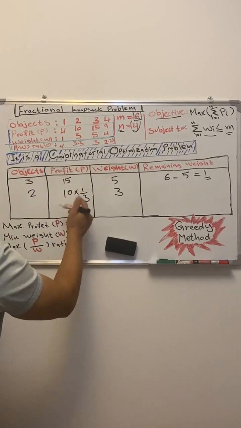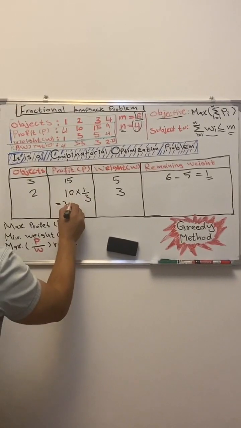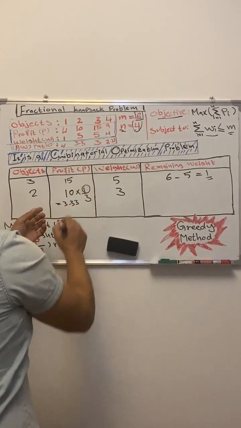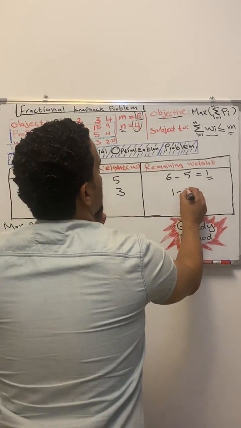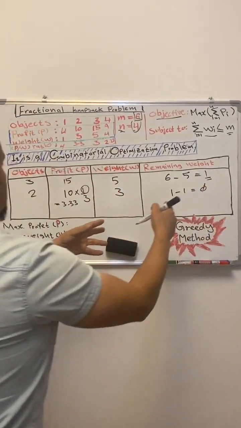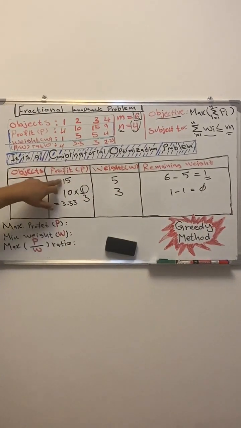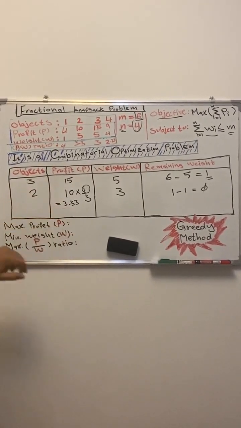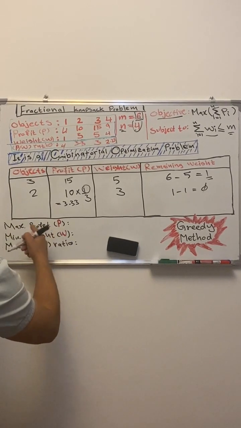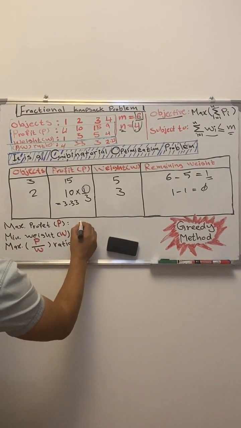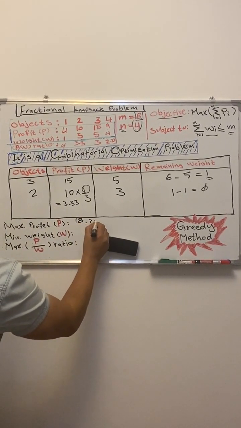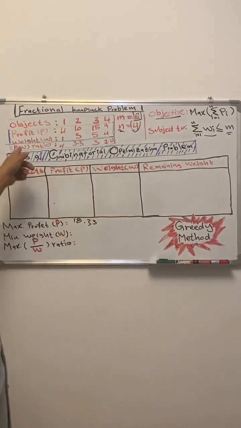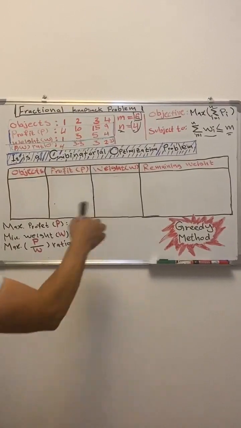So this will be 3.33. Since we take only 1 unit, we have 1 minus 1, so no weight left. If we calculate this, 15 plus 3.3, the first one with the profit will be 18.33.